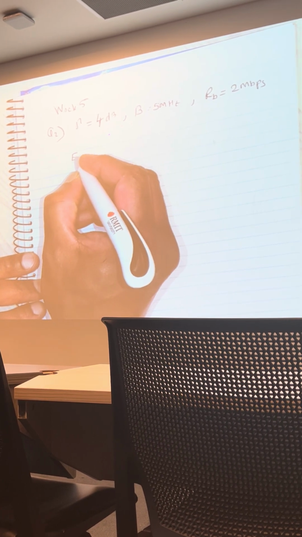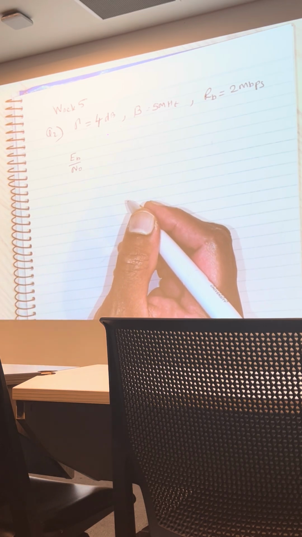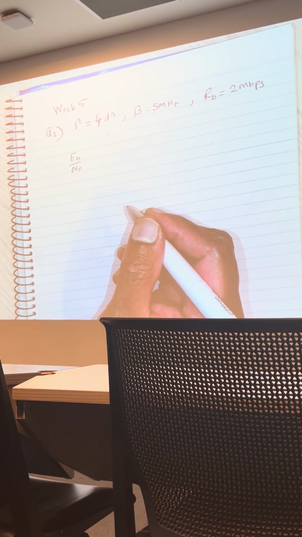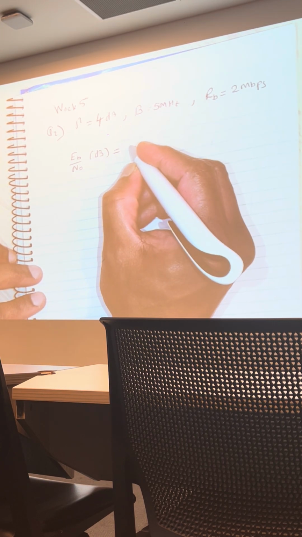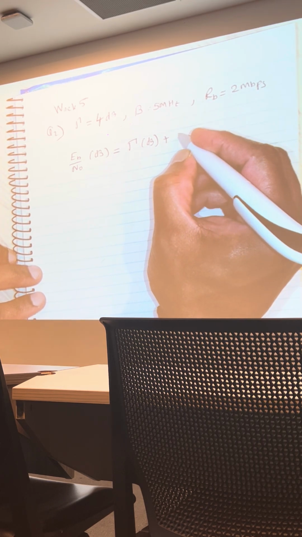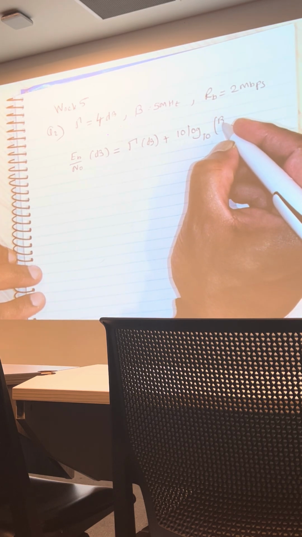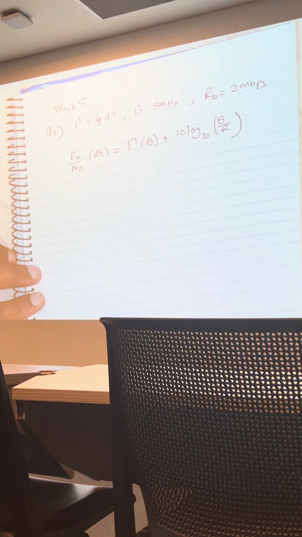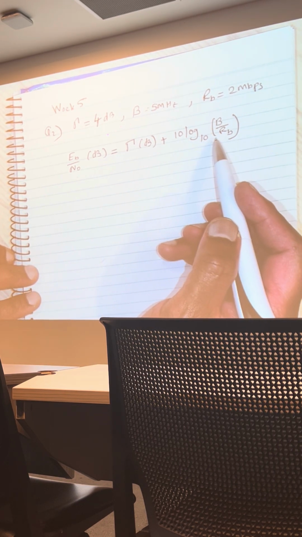from this Eb/N0, in dB, the relationship between Eb/N0 and the signal to noise power ratio is this. Eb/N0 is the signal to noise ratio plus 10 log base 10 of B on Rb.